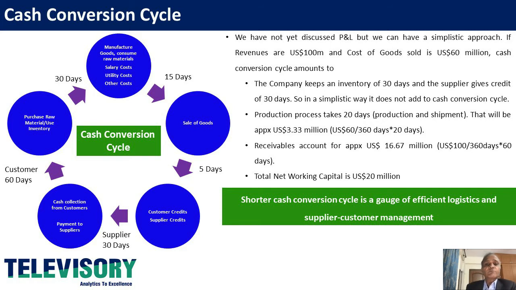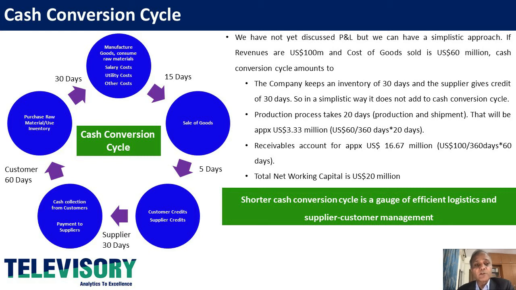We discussed the cash conversion cycle in our previous video, and I'm just illustrating here by certain examples that if the production cycle from production to selling to the customer, let's take in this example, takes about 60 days, and the supplier is giving a credit of 30 days on the raw material purchase, then effectively the business is holding inventory for 20 days, finished goods and sometimes semi-finished.